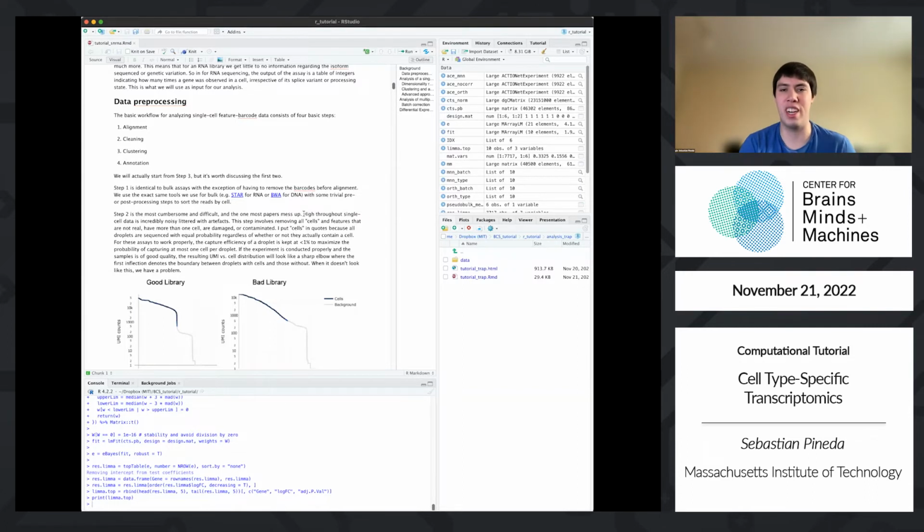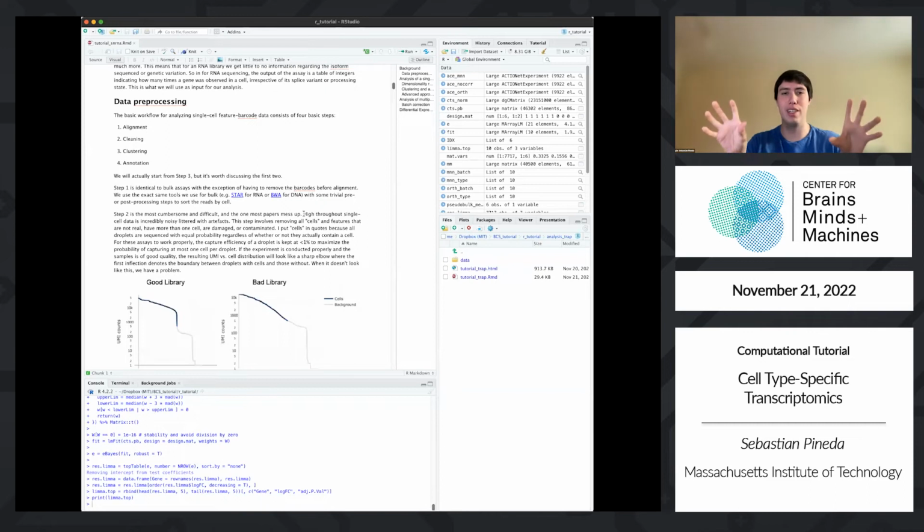So since we're profiling many different cell types, and we're recovering all these different cell types, we're going to end up with clusters of cells, each in theory representing different cell types. They're going to have similar gene expression patterns within a cluster that are going to be dissimilar across clusters. And then once we identify the actual groupings of the cells, we want to know what cell type is represented by each of these clusters.